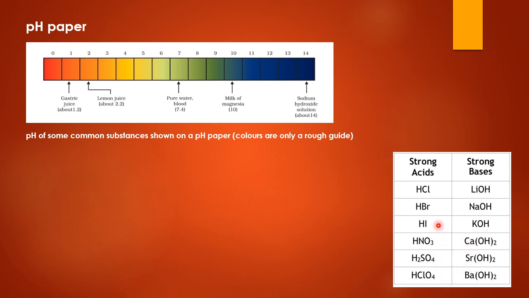On which basis can we say a substance is a strong acid or strong base? Very simple. In water, if the acid gets completely ionized, it is strong. If it is not completely ionized, it is weak. In the same manner, if in water the base gets completely ionized, it is a strong base. If not, it is a weak base.